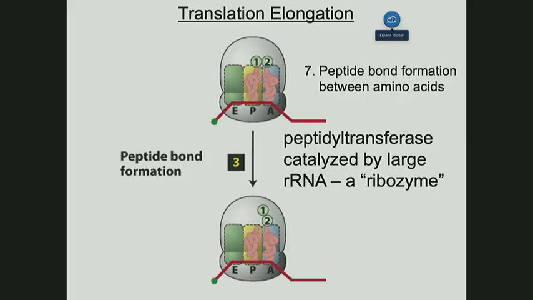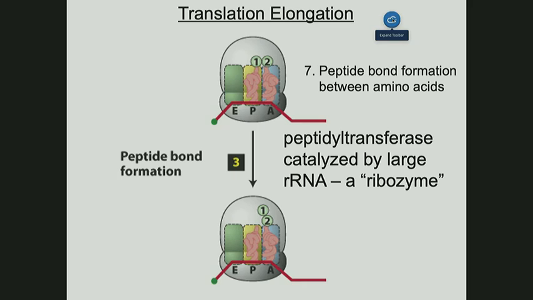When that peptide bond formation occurs, the second amino acid stays attached, its C terminus is still attached to the tRNA, but now amino acid 1, that high energy bond has been severed because it is now in a peptide bond with the amino acid attached to the tRNA that is in the A site.